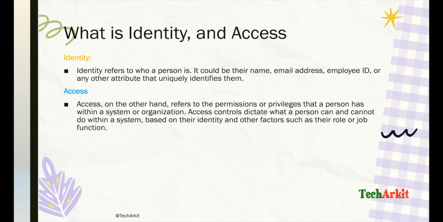Access. What is access? Access, on the other hand, refers to the permissions or privileges that a person has within a system or organization. Access controls dictate what a person can and cannot do within a system based on their identity and other factors such as their role or job function.